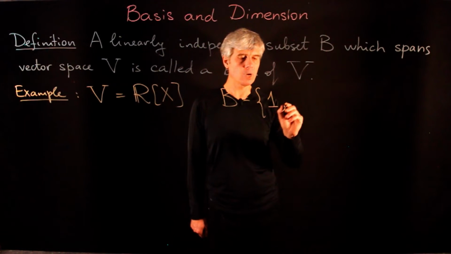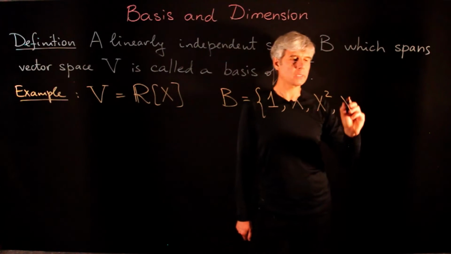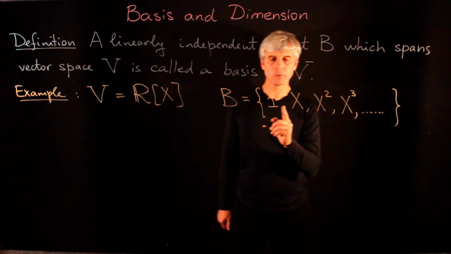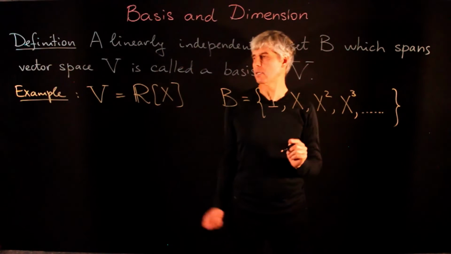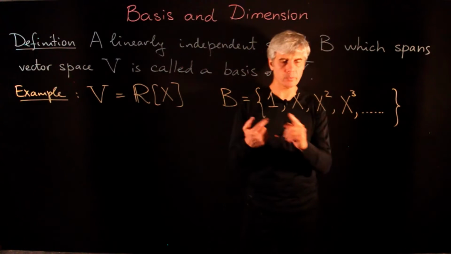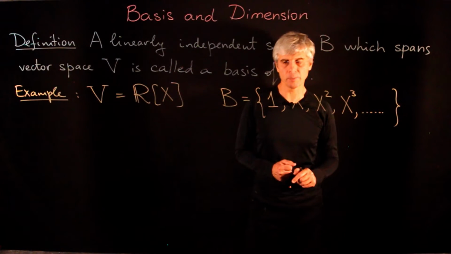We can take the set 1, x, x squared, x cubed, and so on. These are vectors in the space, because in the space, vectors are polynomials, and we just select this sequence of polynomials.